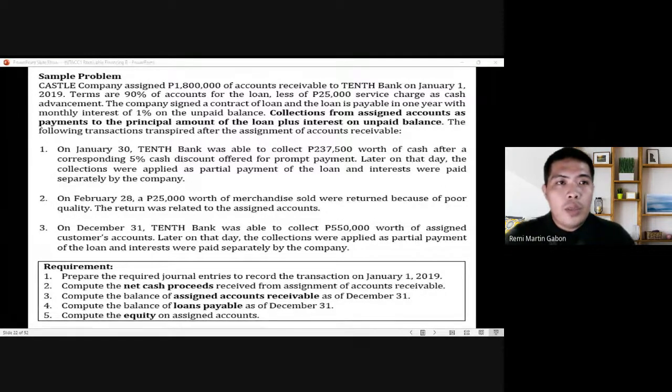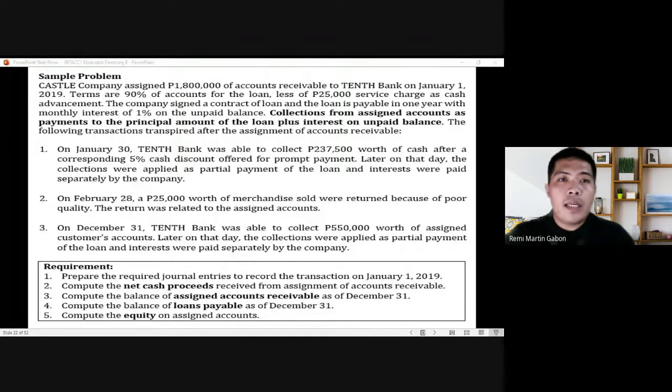So to continue our discussion with assignment, now under notification basis, let us have this sample problem. Castle Company assigned 1,800,000 accounts receivable to 10th Bank on January 1, 2019. 90% of the accounts for the loan less 25,000 service charge as cash advancement.